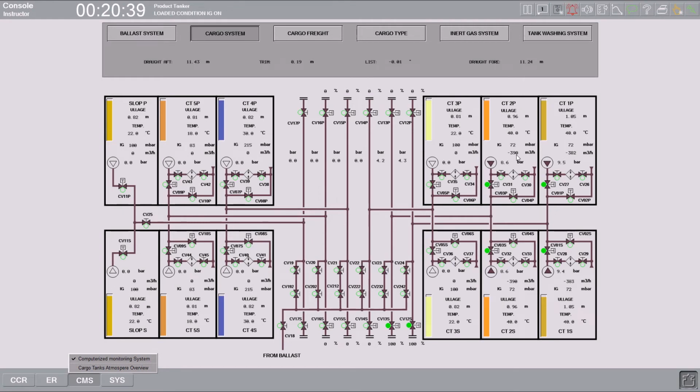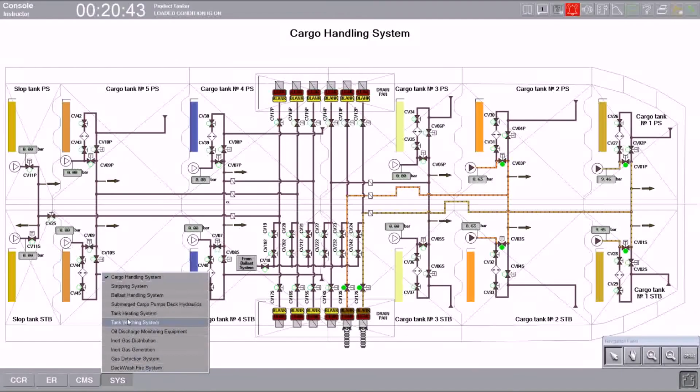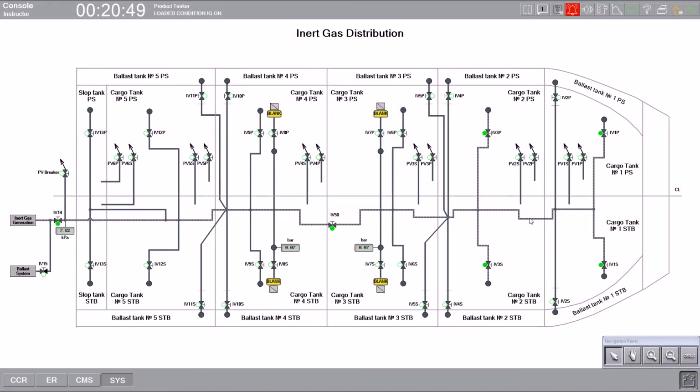The pressure is okay, it's positive pressure. Even while you are discharging, the pressure is still positive because you have arranged the inert gas distribution line correctly.